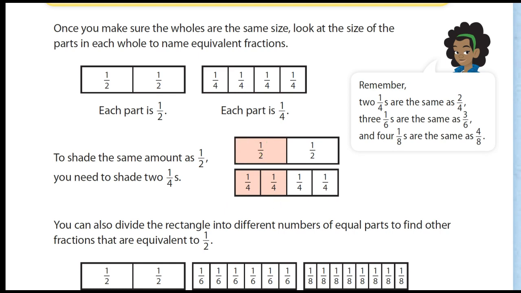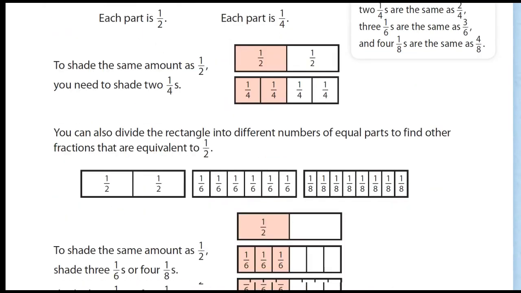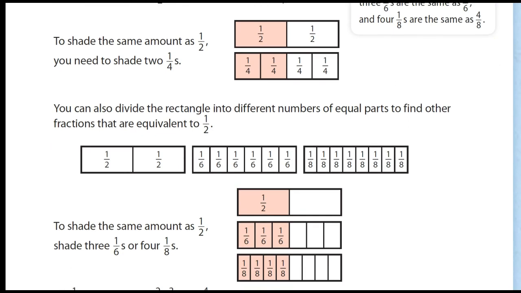So look at this one here. It says you can also divide the rectangle into different numbers of equal parts to find fractions that are equivalent to a half. So here's a half, right?